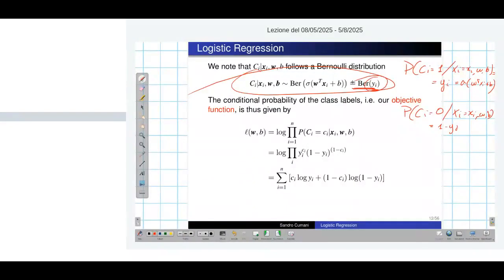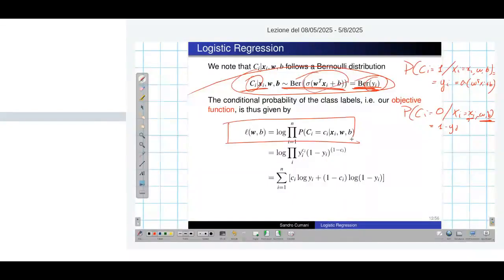So our model is actually representing the class posterior probability as a Bernoulli distributed random variable where the parameter of the distribution is a function of the feature vector and the parameters of the described separation rule. So the class posterior probability is modeled by a Bernoulli random variable with parameter Yi. Yi is sigmoid of W transpose Xi plus B.